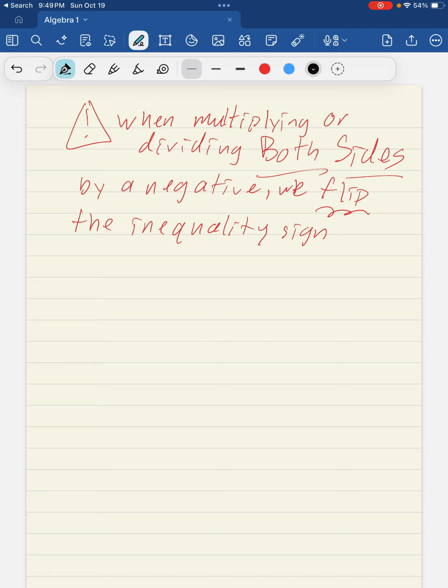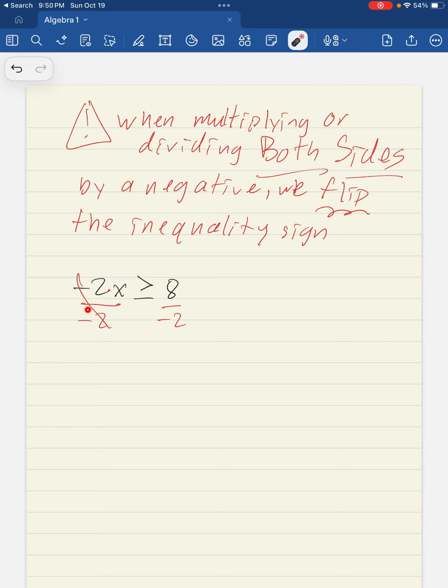Now, how does this look? I will show you. So something like negative 2x is greater than or equal to 8. Classic algebra, we need to get our x by itself. We have a times right there that's invisible. We are going to divide both sides by negative 2. And these guys cancel on the left. And right here, we are dividing both sides by a negative.